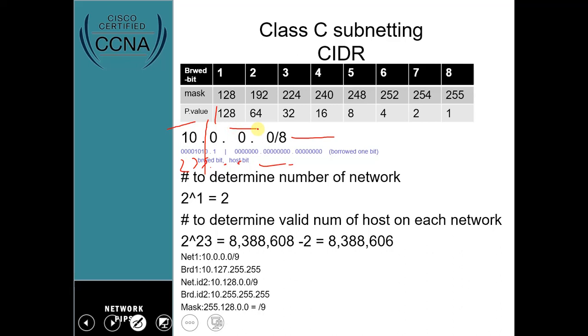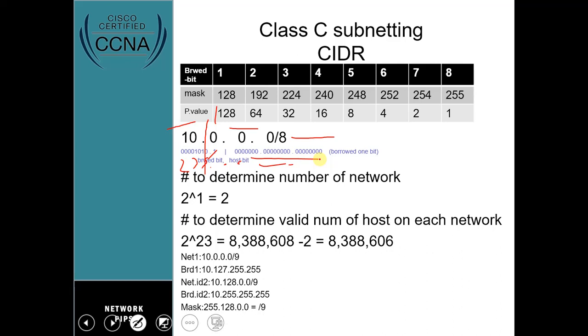Very simple. So to borrow one bit, I'm going to borrow one bit from the second octet, and the rest will be 0. So remaining 8 this side plus the 7, which is going to be 23.